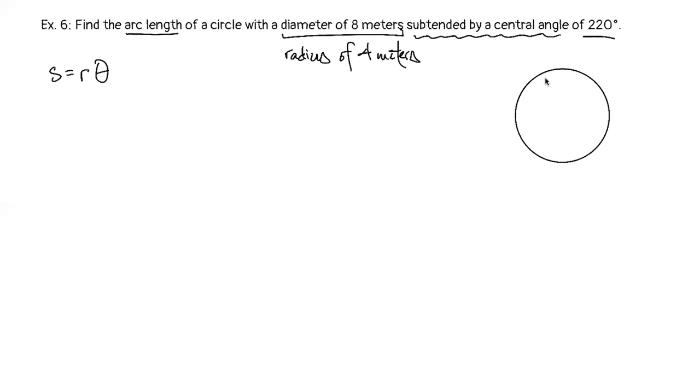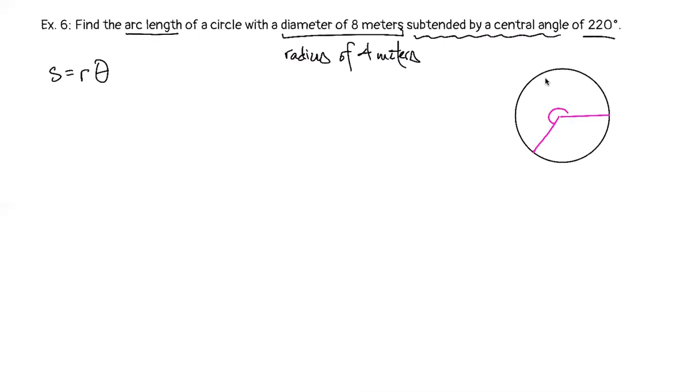So here's my positive x-axis direction. 220 degrees means it's a little bit more than halfway around the circle. So it's going to be somewhere here. And the angle I'm looking at is this angle right here.